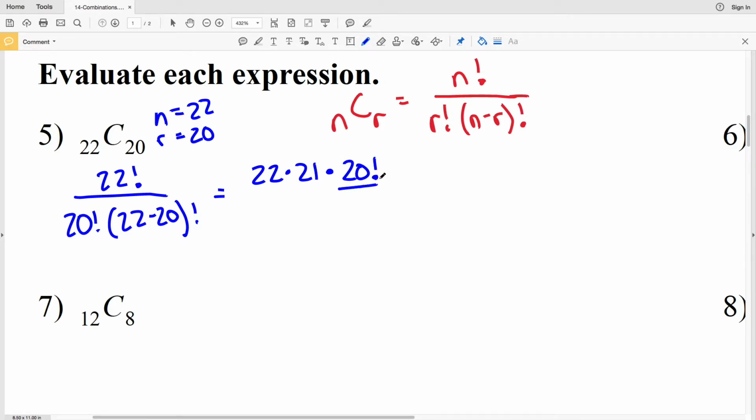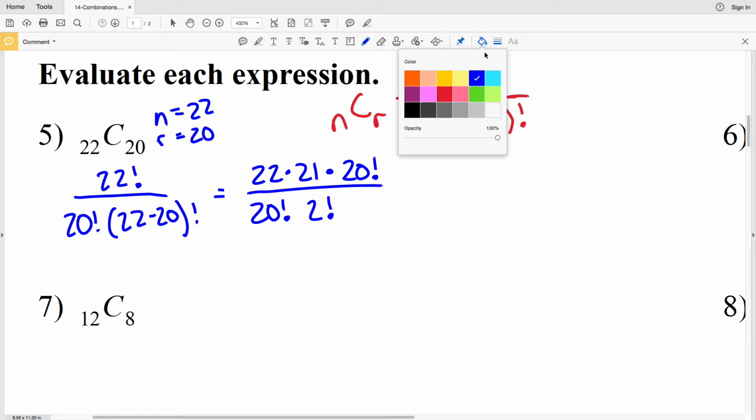So as opposed to writing out 20 times 19 times 18 all the way down to times 2 times 1, I'm just going to leave it as times 20 factorial. And I left it like that because I have a 20 factorial in my denominator, so I'll be able to cancel those out. So that'll be 20 factorial times 22 minus 20, which is 2 factorial.